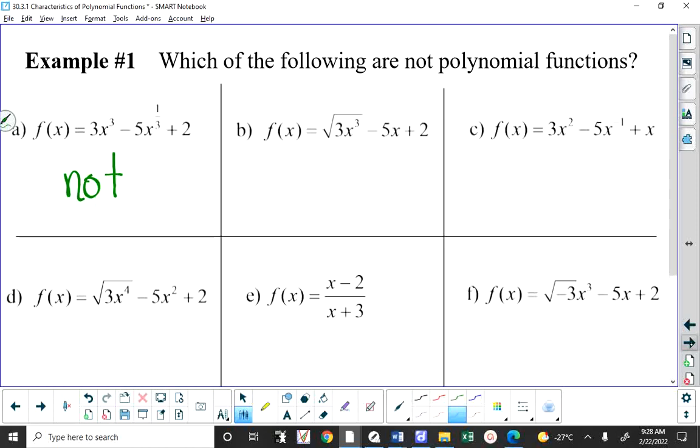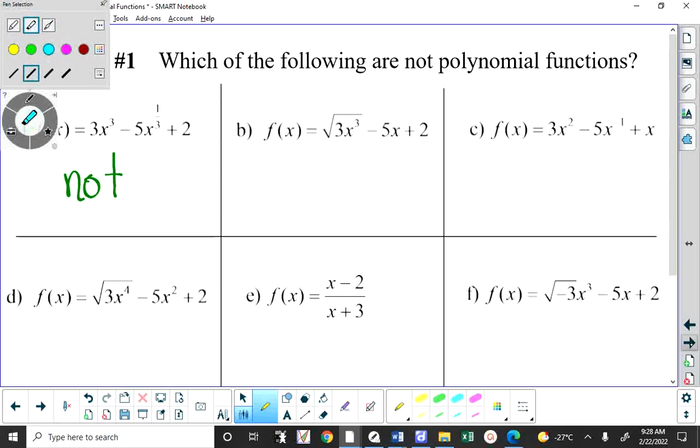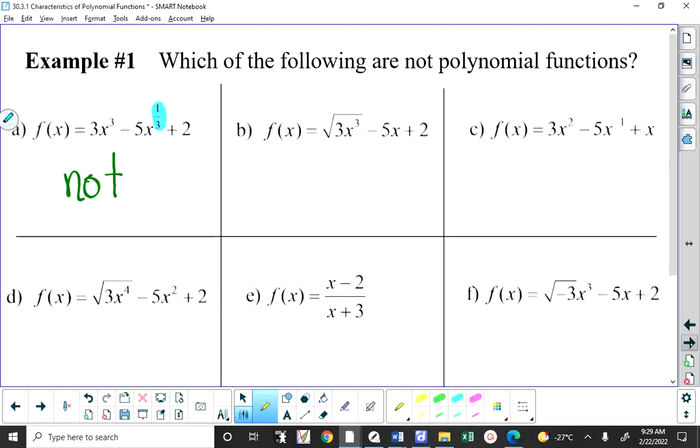So in terms of calling it a polynomial function, that's a problem because you cannot have a fractional exponent. It must be a whole number. This one is not a polynomial function. Can somebody explain why that is not a polynomial function?